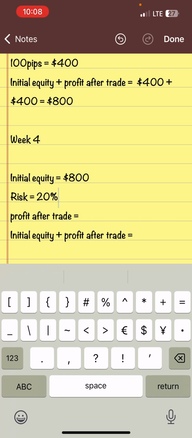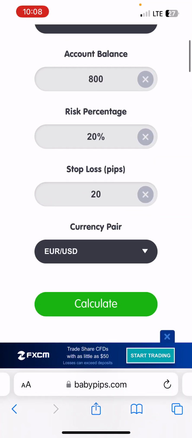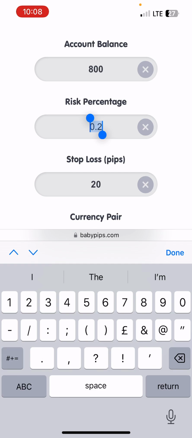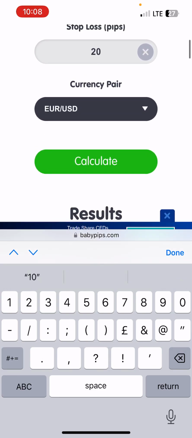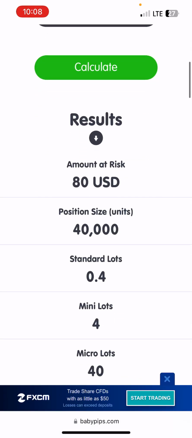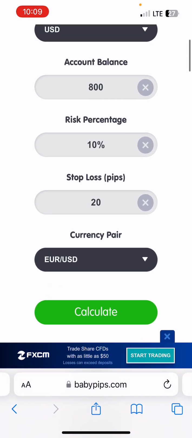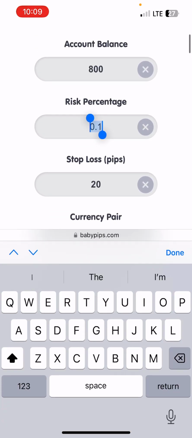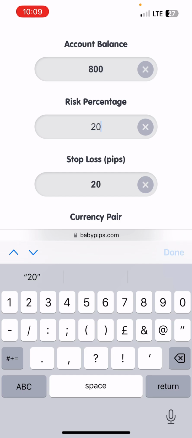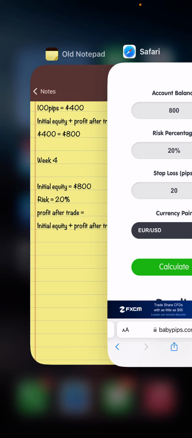So you can reduce the percent after you have $800. You can reduce the percent, and it's still the same thing. Just go to Baby Pips and just change the percentage. You can put it to 10%. 10% of this, that is $80, 0.4. You can see. So just simple. You can just make use of the Baby Pips.